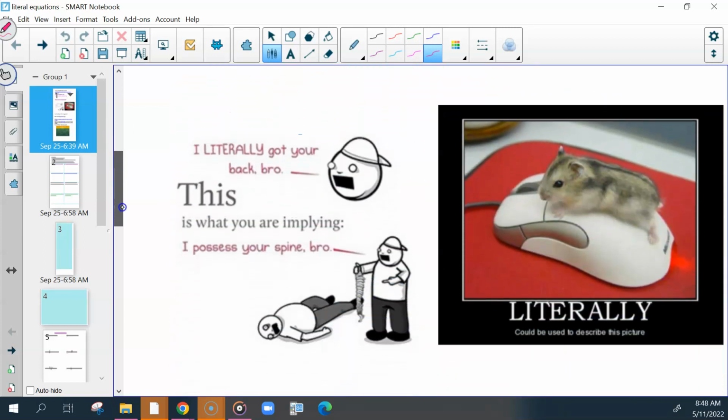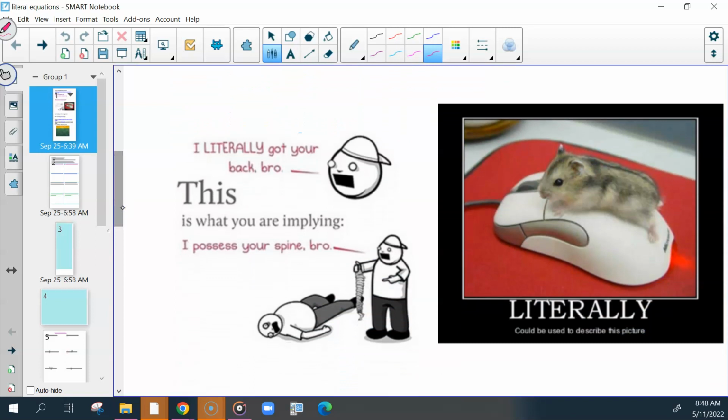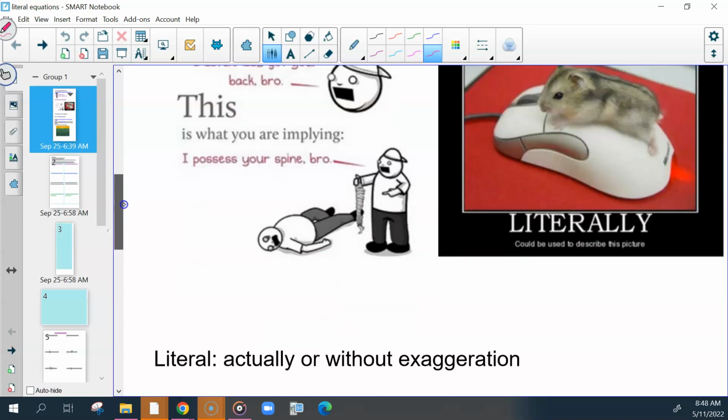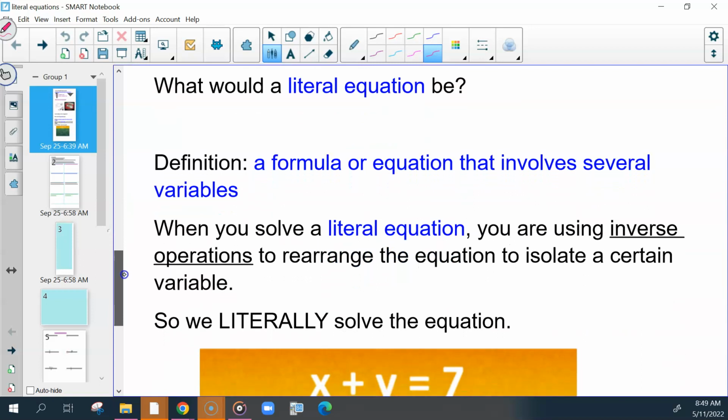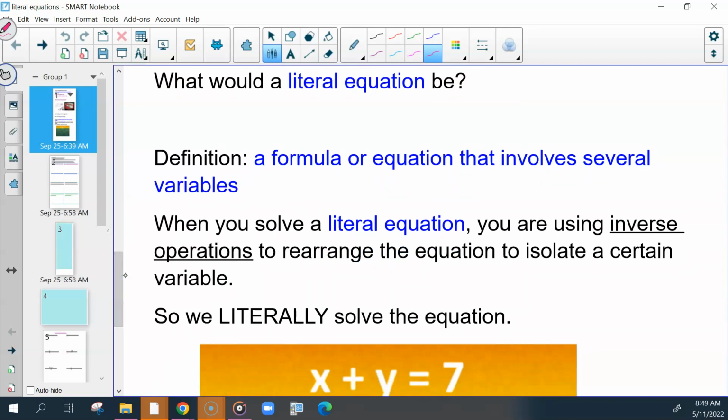These are just more examples of that, because when we say literally, we do mean actually. And then it gives the actual definitions.